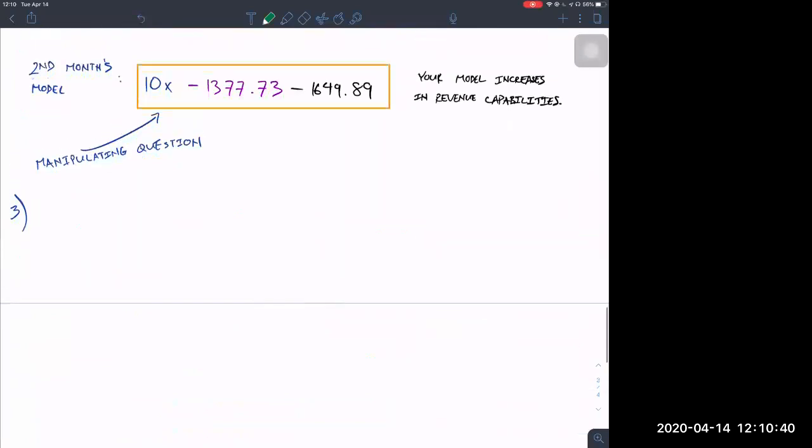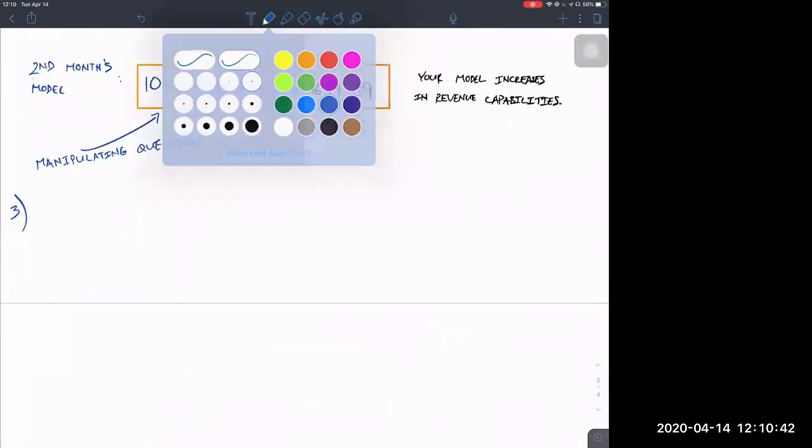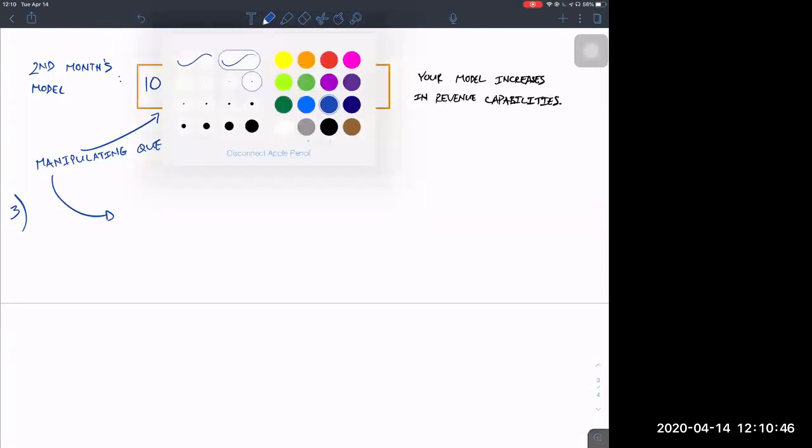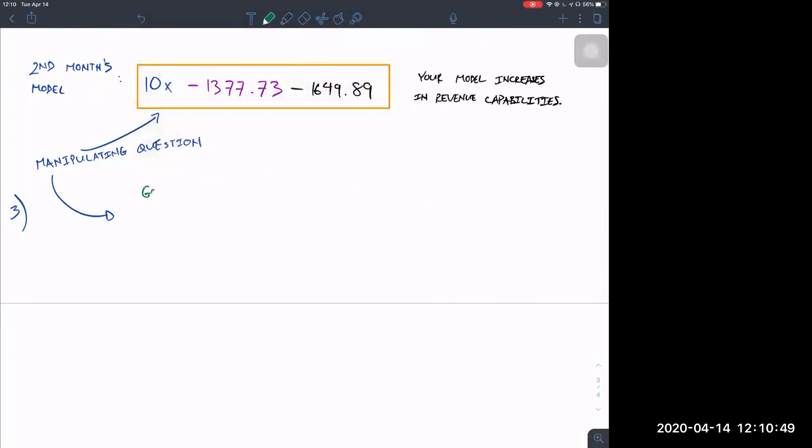So the third question now, this is technically also another manipulating question as well. We know that there is a goal, that it is one time, and that the CP is quarterly.